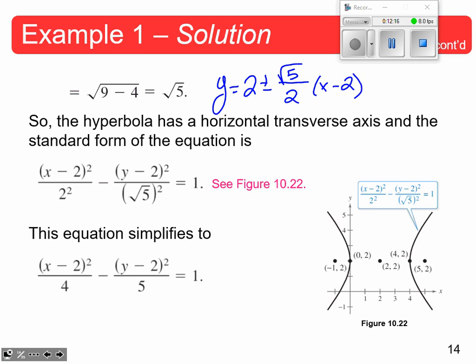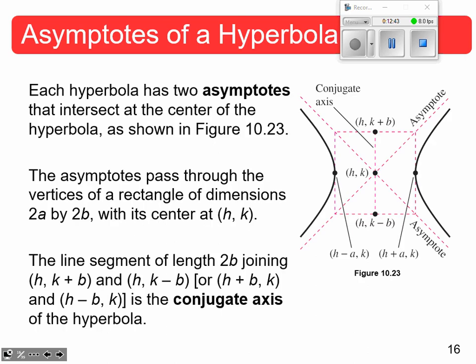Questions on this here? Because if x is 0, 0 minus 2 is negative 2, times square root 5 over 2, so we wouldn't have nice intercepts.